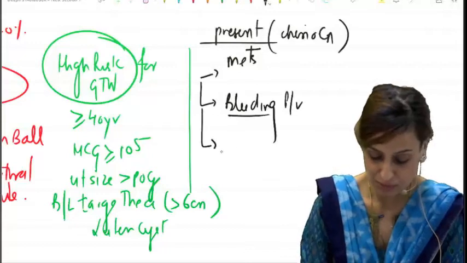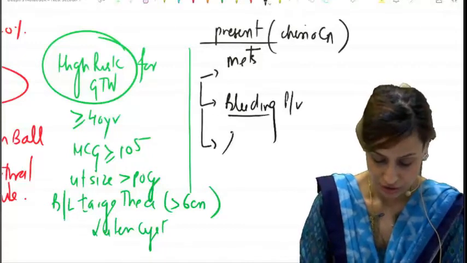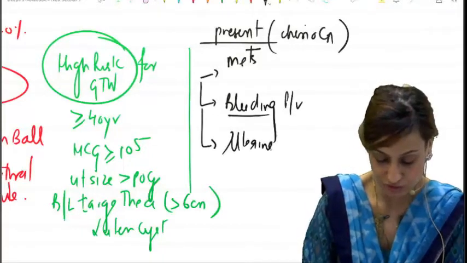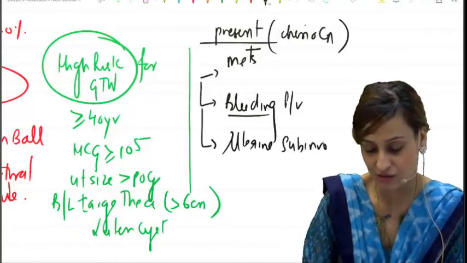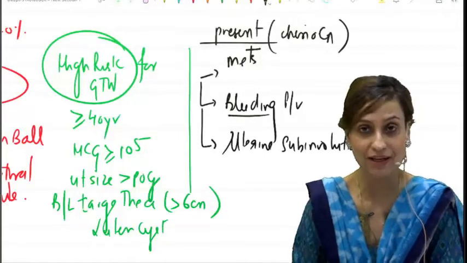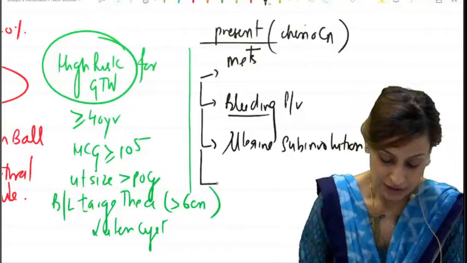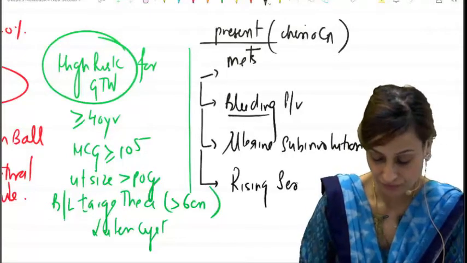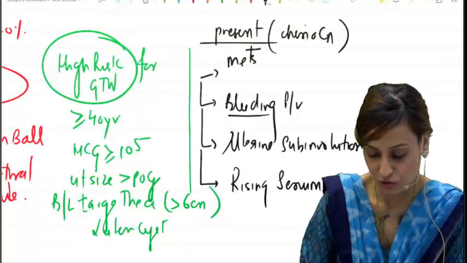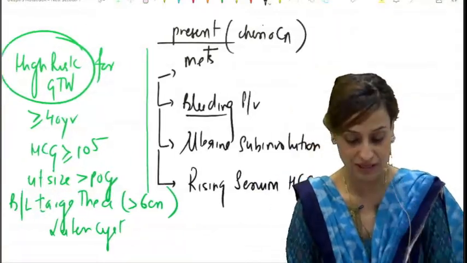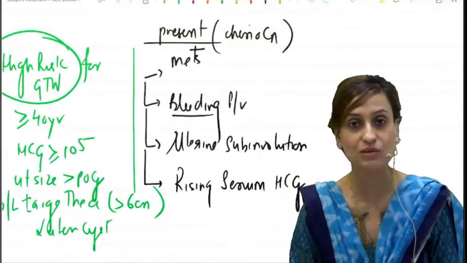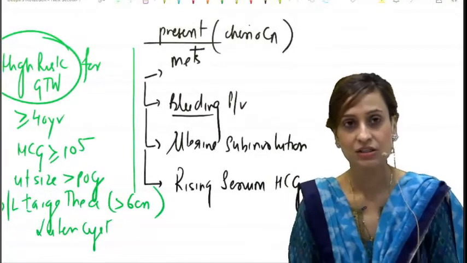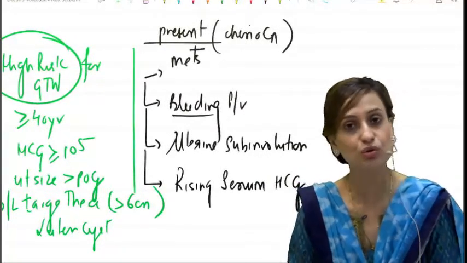She may present with a uterine subinvolution, which means the uterus remains enlarged and does not go back to the pre-pregnant size. She may also present with a rising serum HCG. So these are the various ways in which these women can present, typically if they have converted into choriocarcinoma.